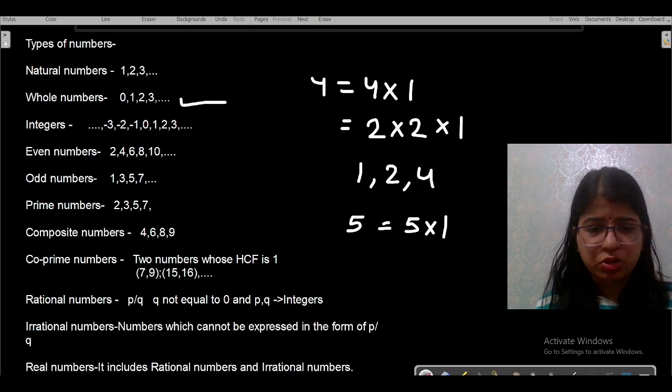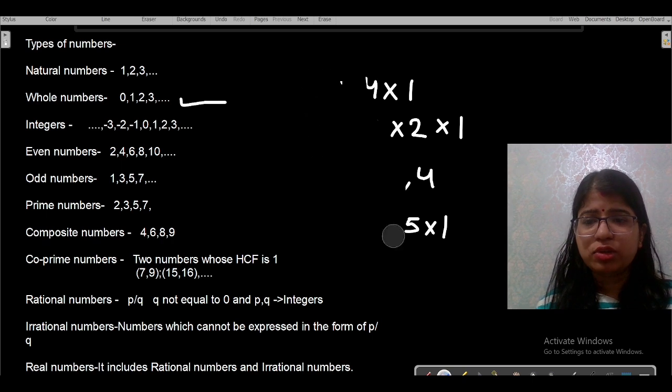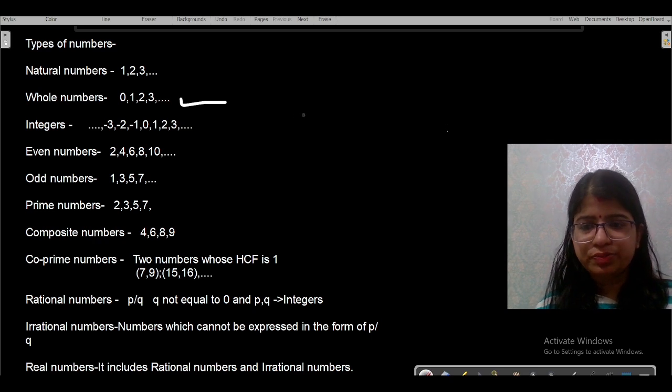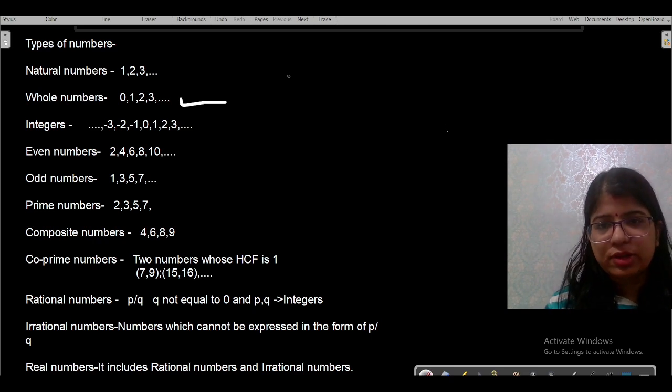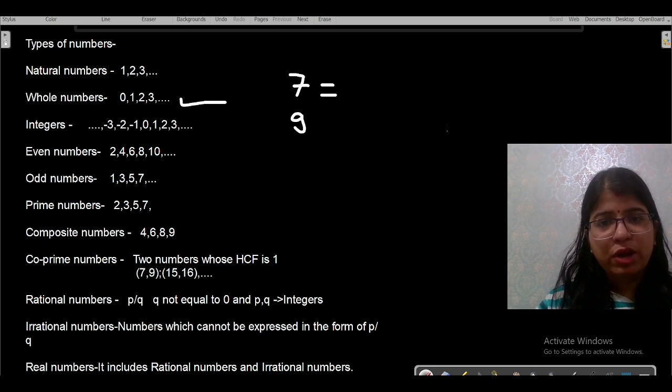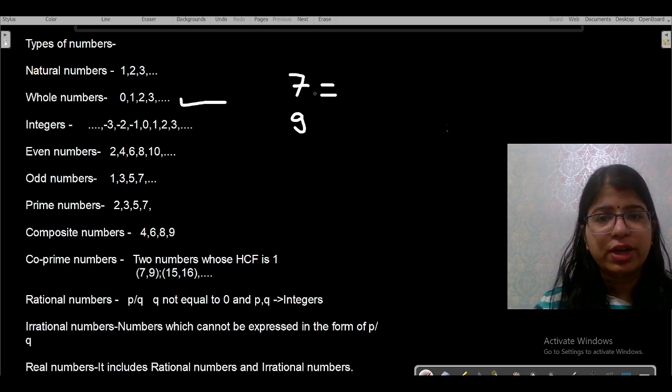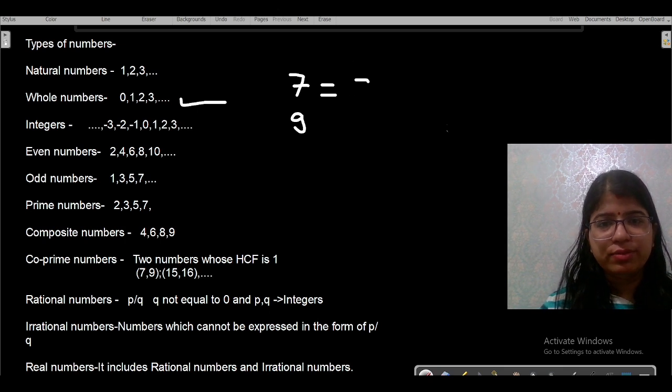Now we will see what co-prime numbers are. In co-prime numbers, if you are given two numbers and you write the factors, let's say 7 and 9. If you write 7 as a multiplication of factors, you will write 7 into 1.